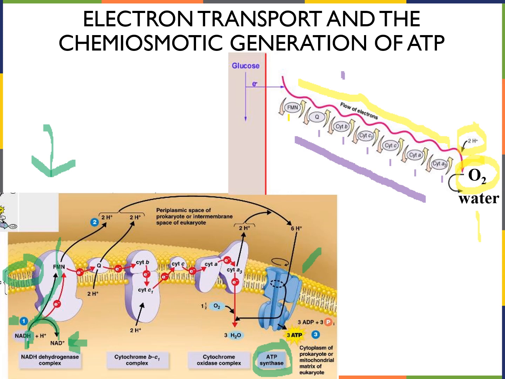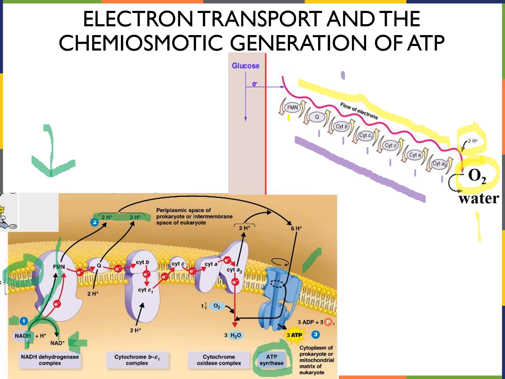Well, you have to ask yourself, if that hydrogen was lost, where did the hydrogen go? Here's the answer: that hydrogen went through FMN to the other side of the plasma membrane, because you see all these hydrogens are being pushed to the other side.